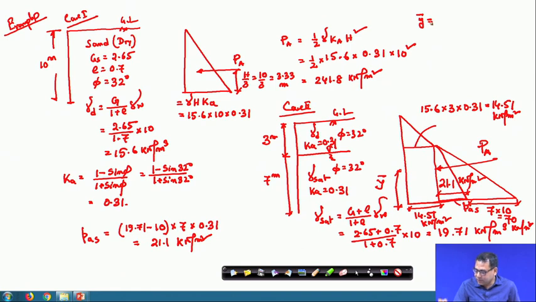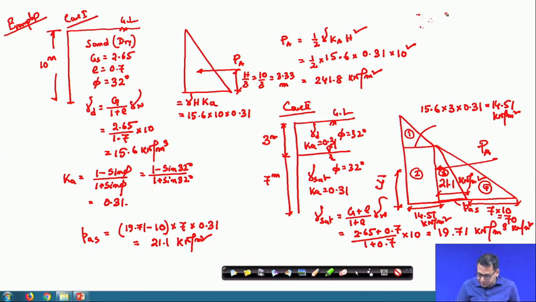It has 4 parts: this is part 1, part 2, part 3 and part 4. I am taking all the forces. First I will calculate the force Pa, and then I will calculate the y bar.